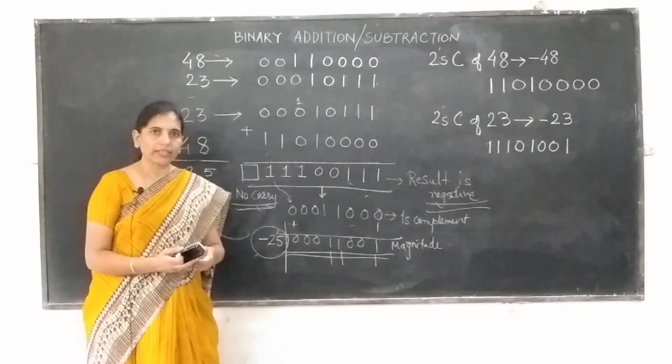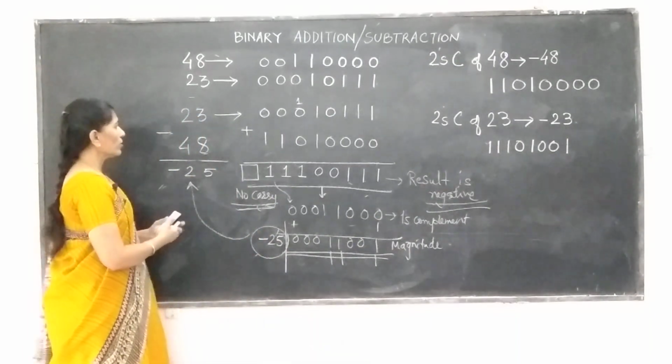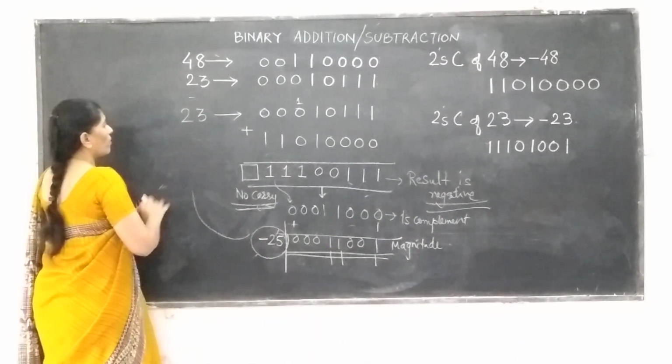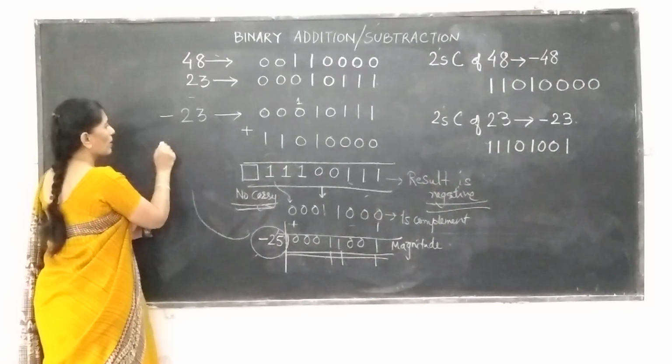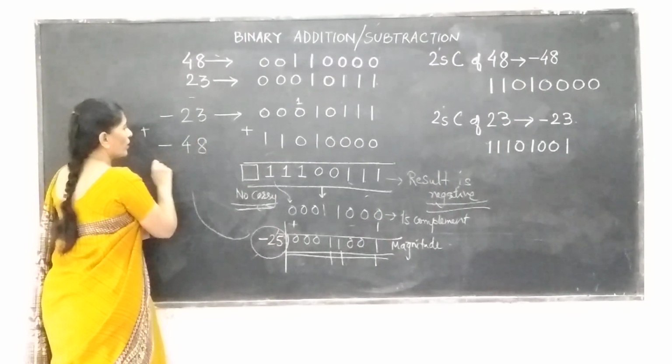As a small exercise, I would like you to try out the fourth combination, and that is minus 23 plus minus 48.